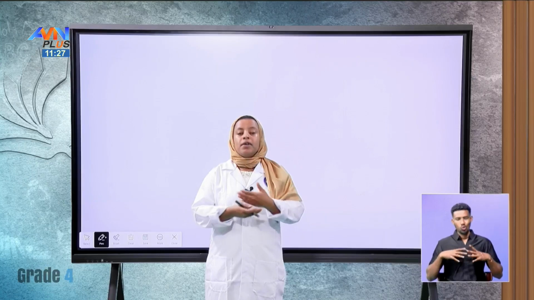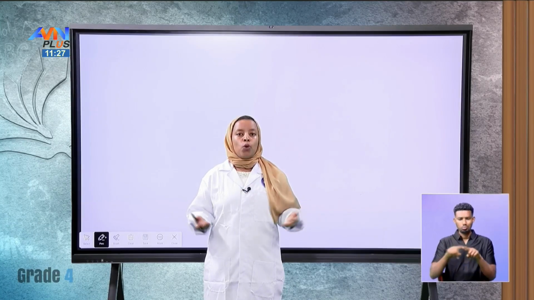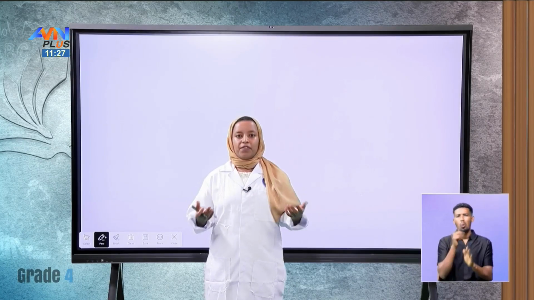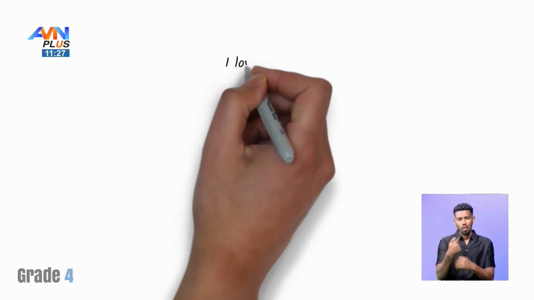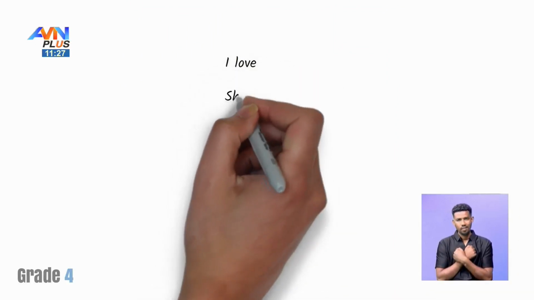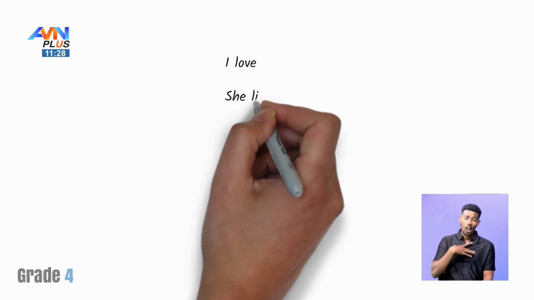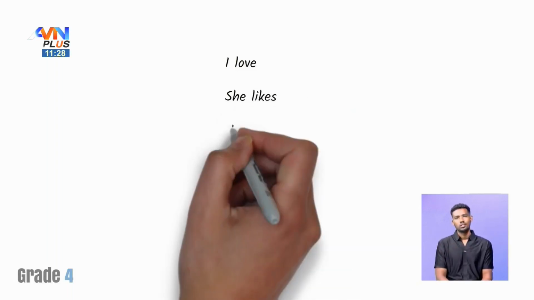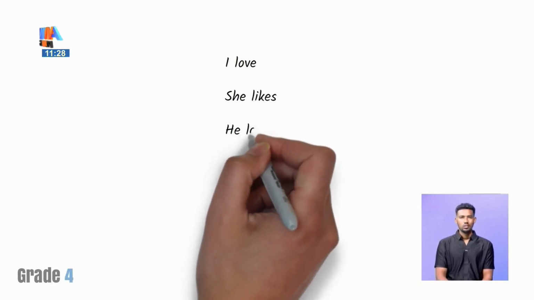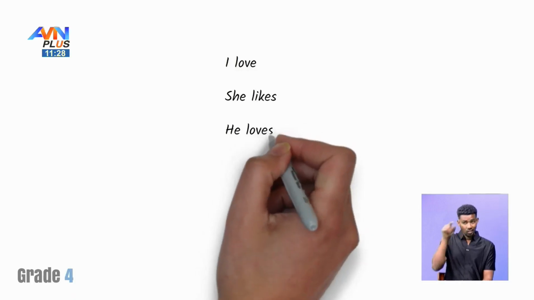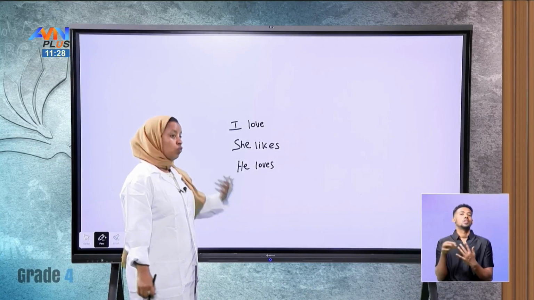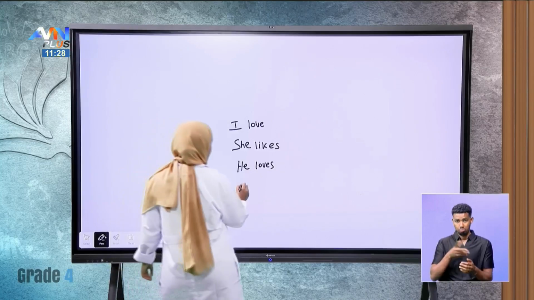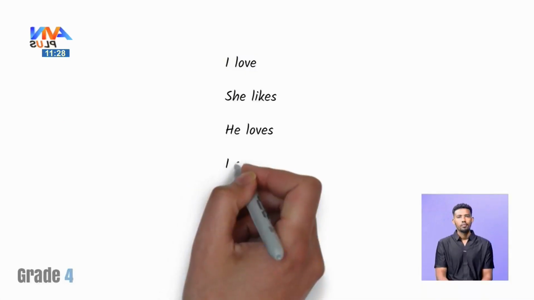You can use many vocabularies to show what you like and what you prefer. For example, I love, she likes, he loves. And these are examples of what I prefer. And also we can say I enjoy.